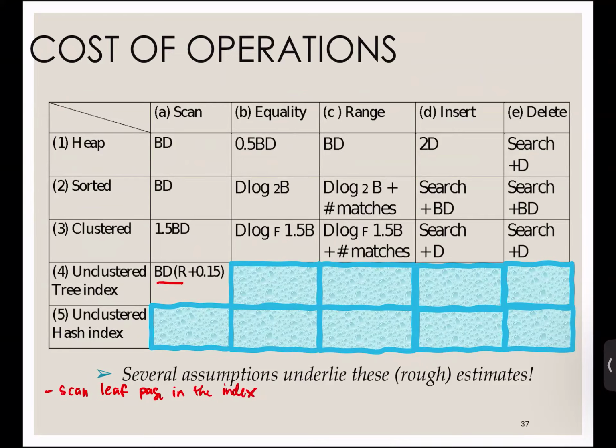Understand that the leaf pages in the index right now have no data records. It's just the index part. It only contains the search key value. For example, if you only take age, that's why it's very small in size. Or if you want to take only names or whatever as a search key. So if I have to scan everything, that means I have to scan all the leaf pages in the index.